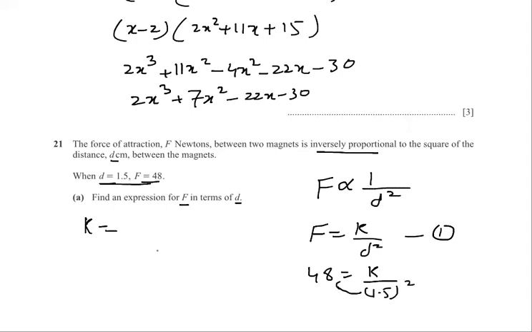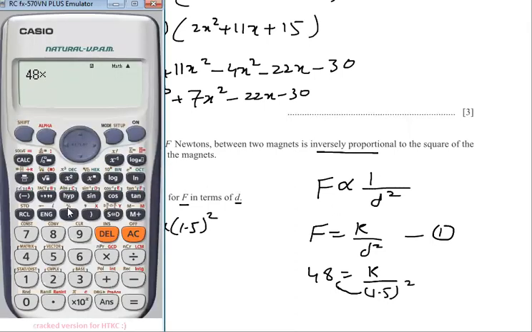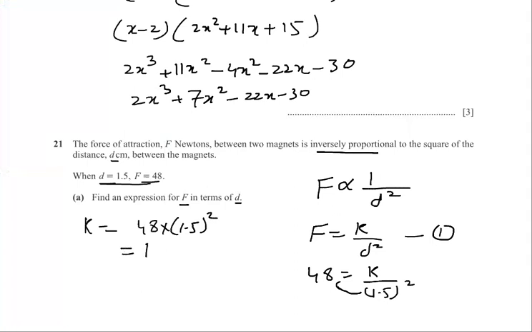Shift it to the other side, so it will be 48 multiplied by 1.5 squared. Let's calculate 48 multiplied by 1.5 squared. So it's 108. This value of K I put in equation number 1. F will be 108 over D squared. So we made an expression for F in terms of D.